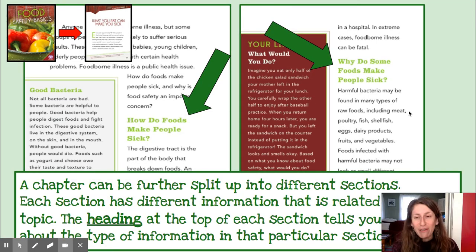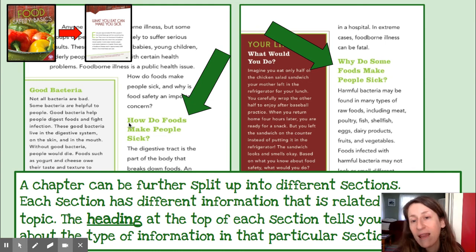Now, a nonfiction book can be divided up even further into smaller sections. Okay, so you have your title, your book title, Food Safety Basics. Then you have your chapter title, What You Eat Can Make You Sick. And now inside of this chapter, you have other sections that contain different information.